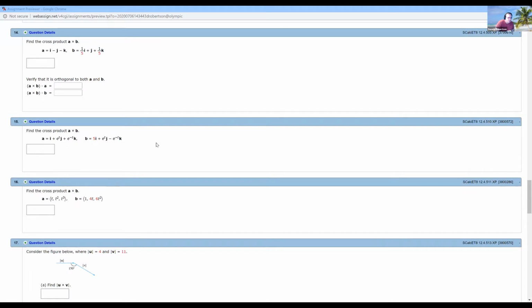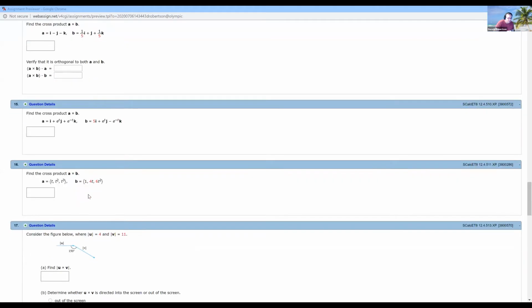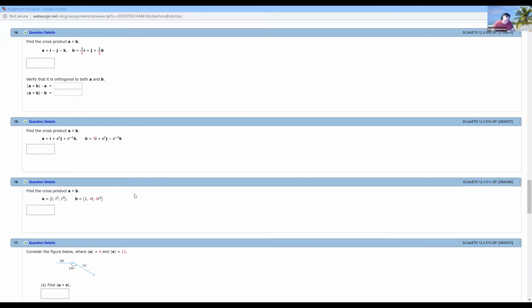Cross product where some of the guys are now variables. I think I should do one of those. I'll make up my own. So essentially, you're going to find the cross product of two vectors. The difference is that the vectors themselves don't have numbers in them, they have variables in them, t's or whatever.